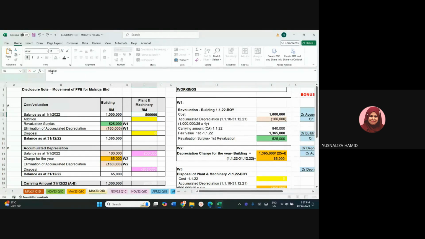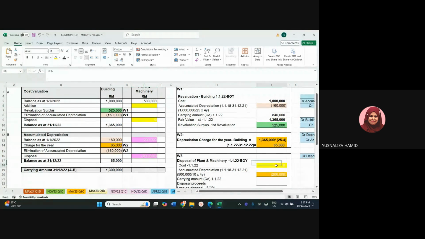So that was at the beginning of the year, 500,000. And there was no addition, but there will be a disposal of machinery. So the machinery here on 1st of January 2022, the amount is 500,000. So I'm going to show it here because there is a disposal.